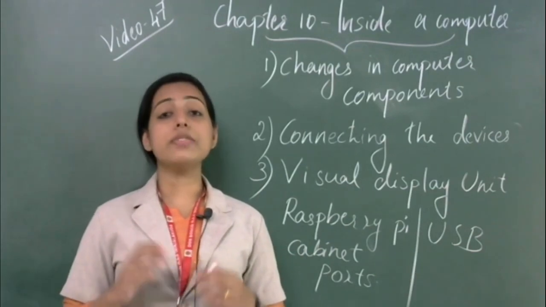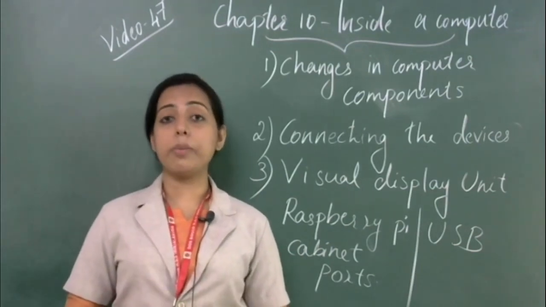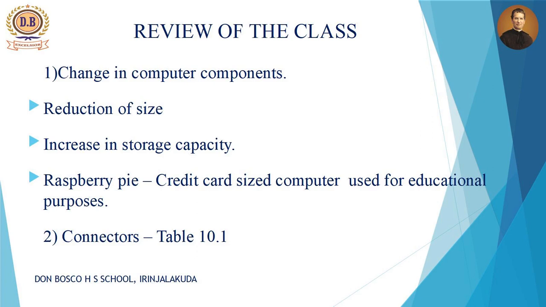In today's class, what are the topics we have discussed? The first topic was changes in computer components. There was a drastic change in the structure and size of computer components: reduction of size, increase in storage capacity, and so on.